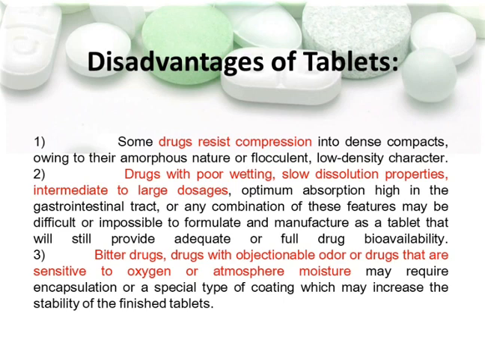Bitter drugs, drugs with objectionable odor, or drugs that are sensitive to oxygen or atmospheric moisture may require special process like encapsulation or a special type of coating which may increase the stability of finished tablets. So this will increase a step. If drugs are bitter or have objectionable odor or are sensitive to oxygen, you require encapsulation or a special type of coatings.